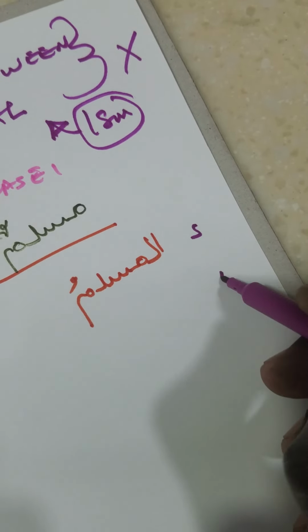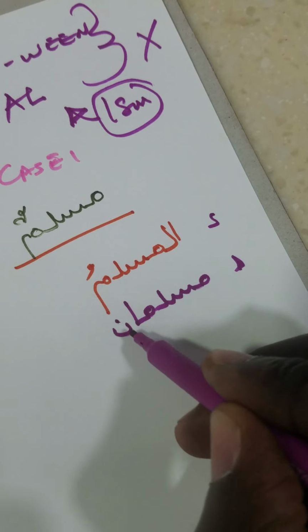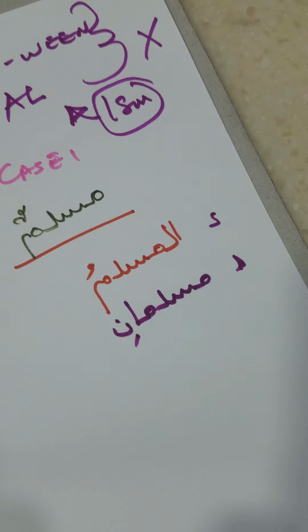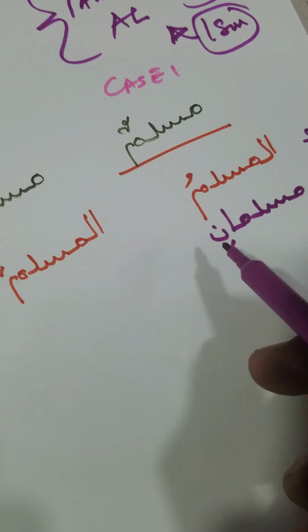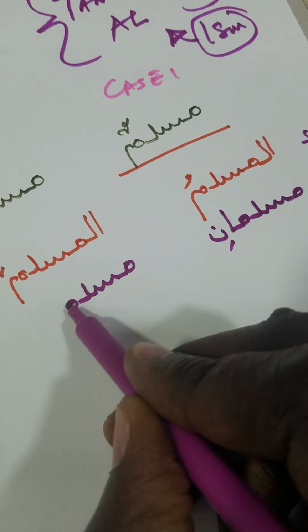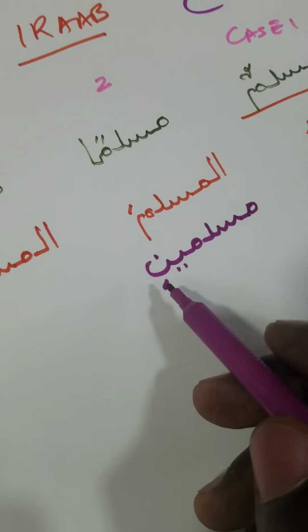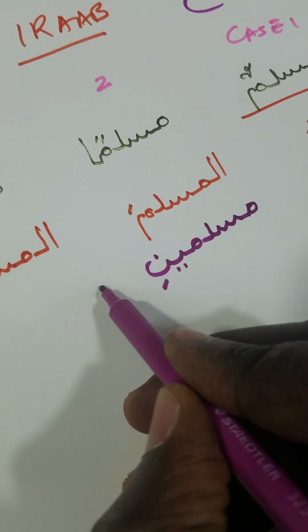Now duo would be Musliman, then here duo case 2 would be Muslimain, and then case 3 again Muslimain.